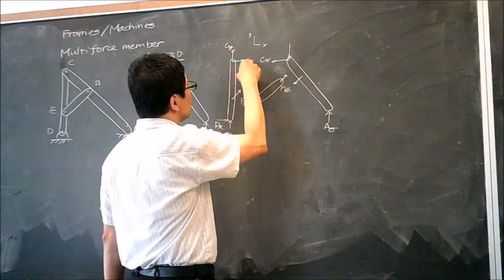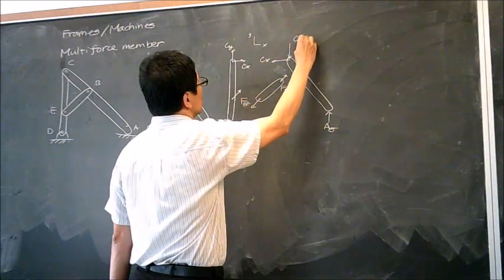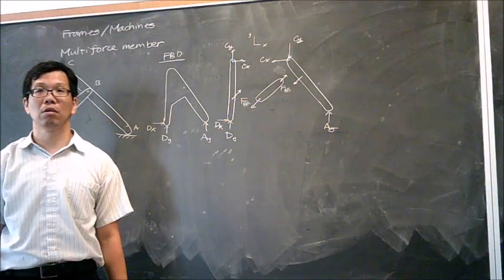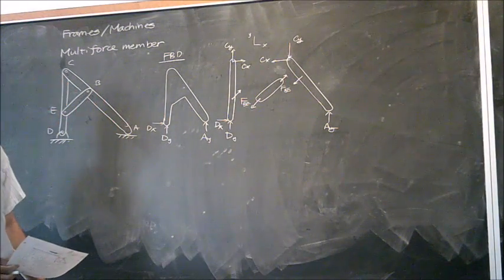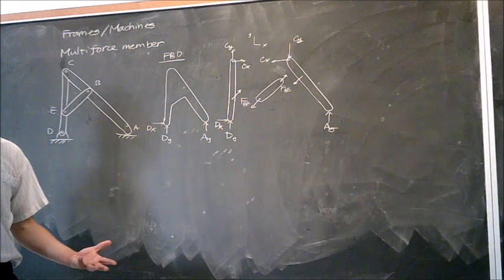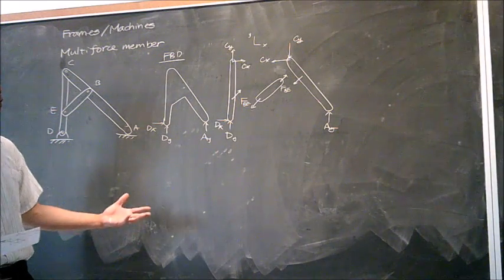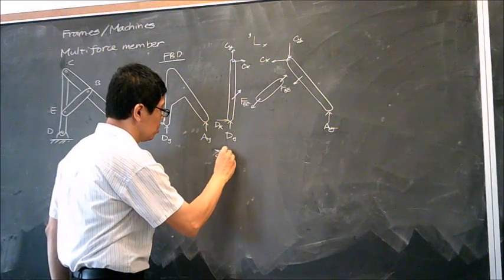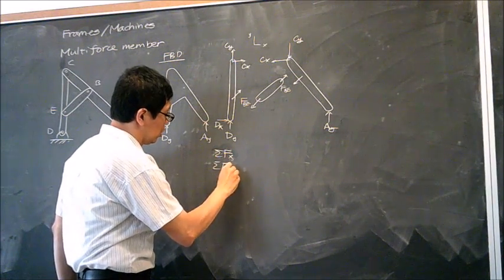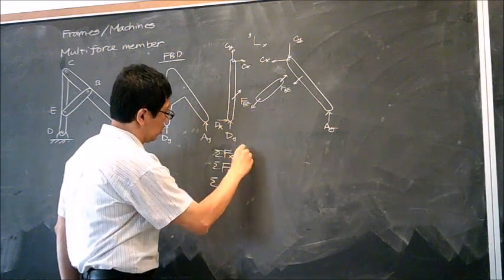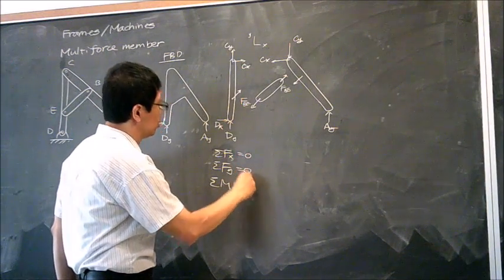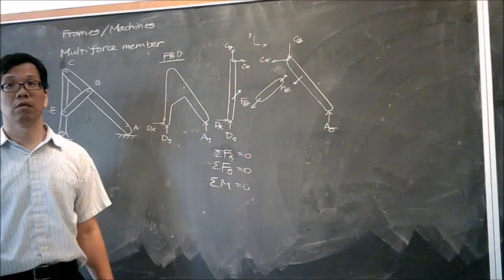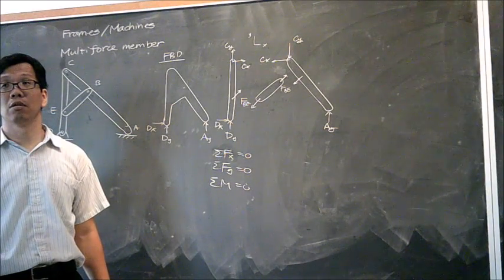So this is right hand side upward, the other must be left hand side downward. So that is going to complete our free body diagram. The rest is similar to what you did. You just do the free body diagram and do the 3 equations for individual components, then you're done. Does that make sense?